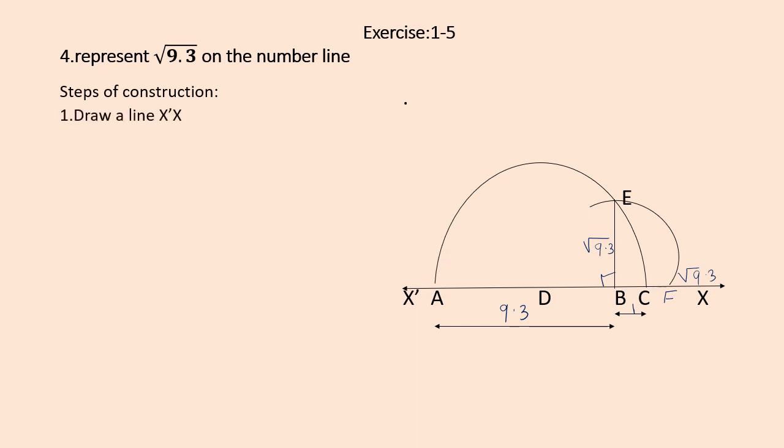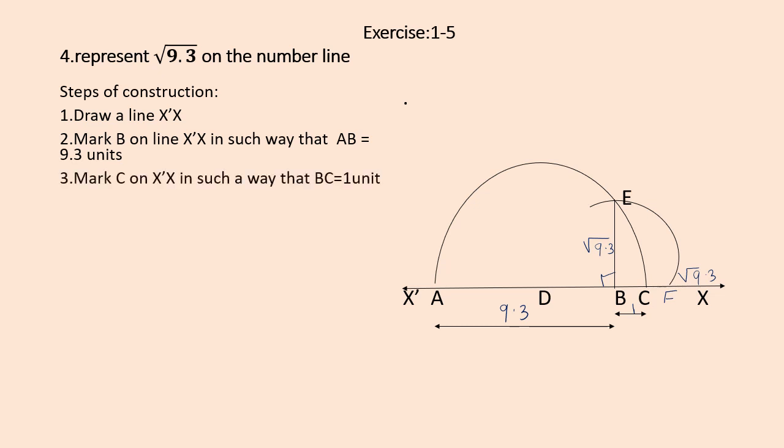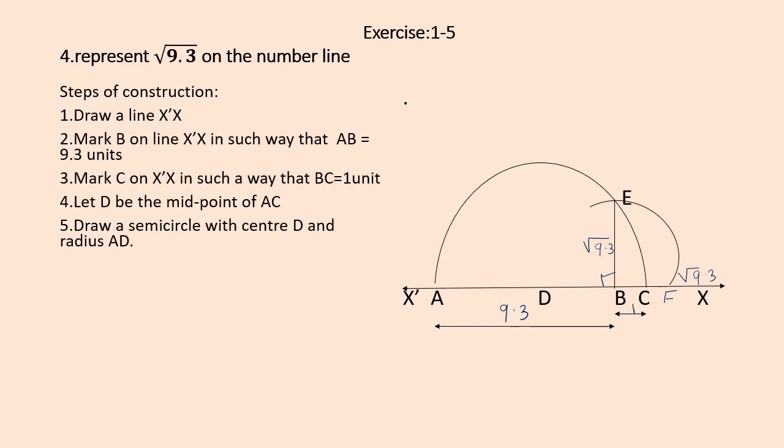The first step is draw a line X dash X. Mark B on the line such that AB equals 9.3 units. Mark C on X dash X such that BC equals 1 unit. Let D be the midpoint of AC. Draw a semicircle with center D and radius AD.